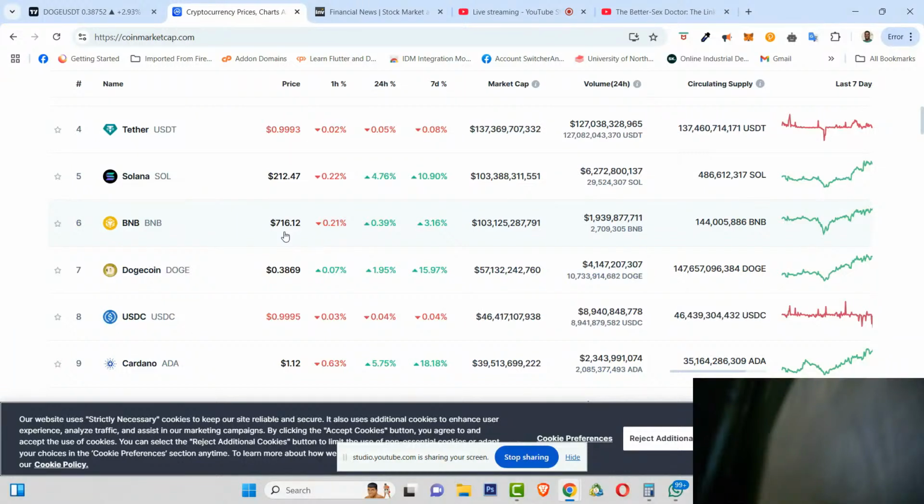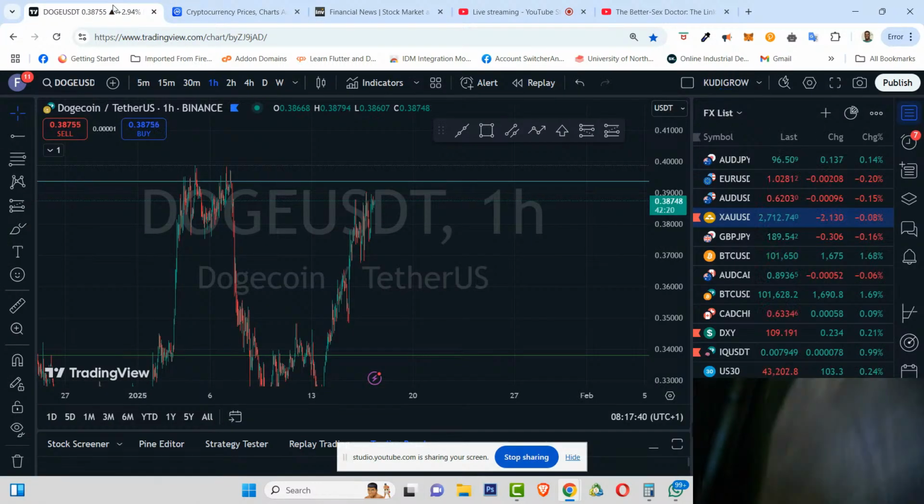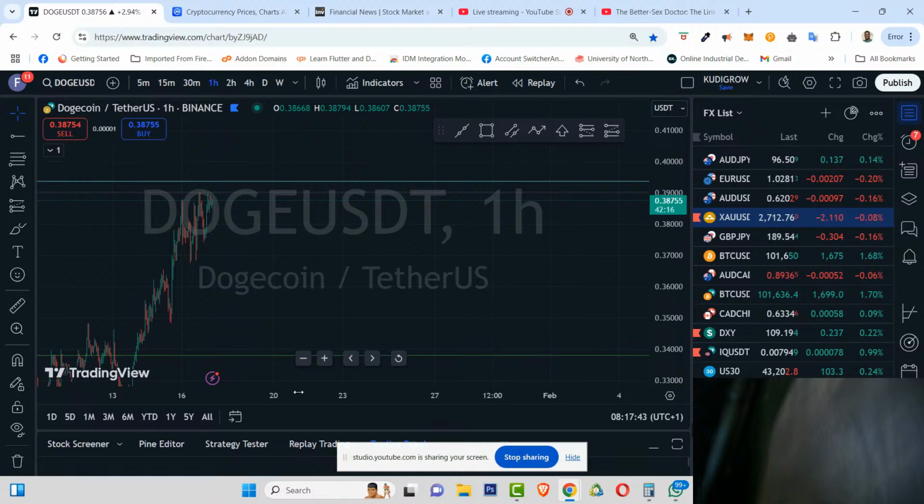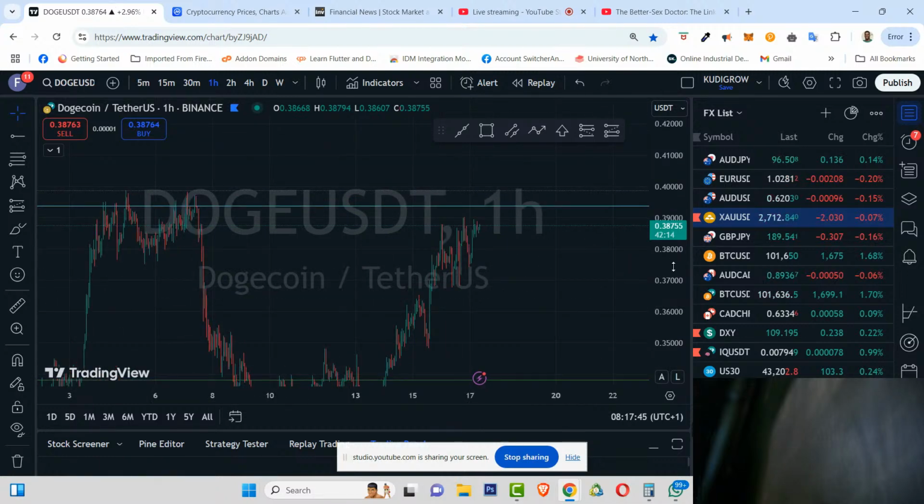You look at use cases, you look at economic policies, you look at political factors as well. And the political factor combined with the person behind the Doge coin, that is the reason why I invested in it. And it hasn't disappointed yet. So I would want you guys to look into Doge. I wouldn't say that this is the right time to invest, but it's better late than never.